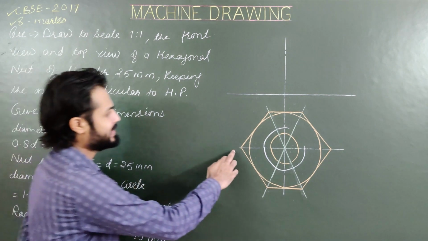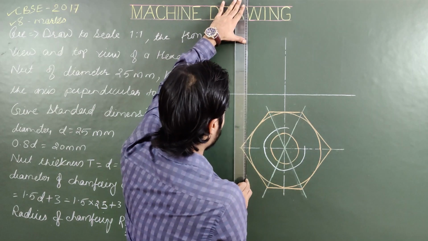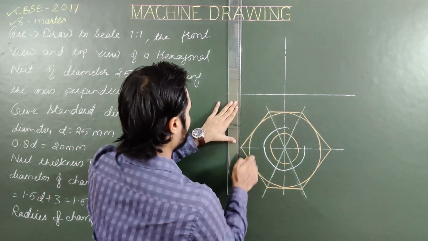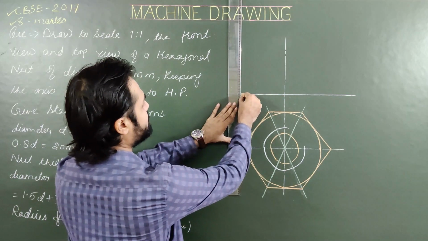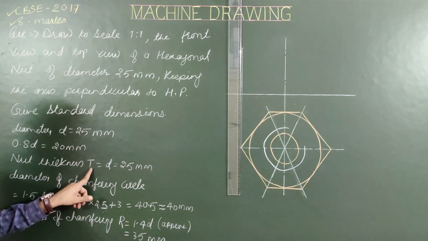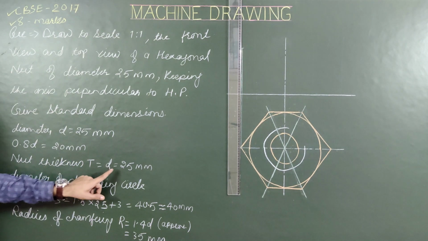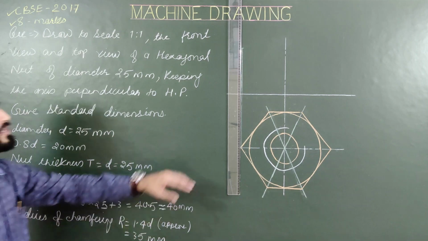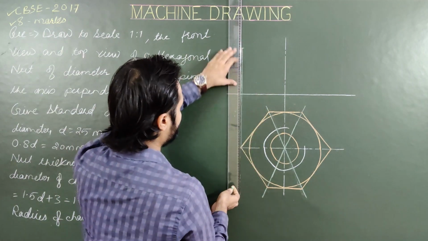Next step, project these ends for the front view using a light pencil. So from the first corner, project this end, and after XY, the height is equal to D, or the nut thickness T is equal to D equal to 25 in this case. So from this point, height is 25.